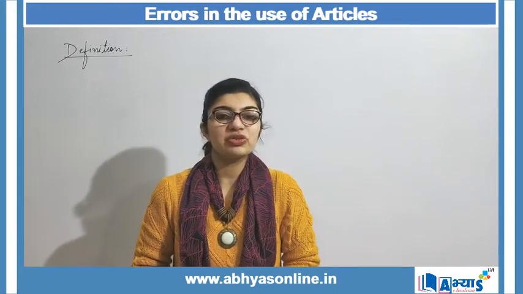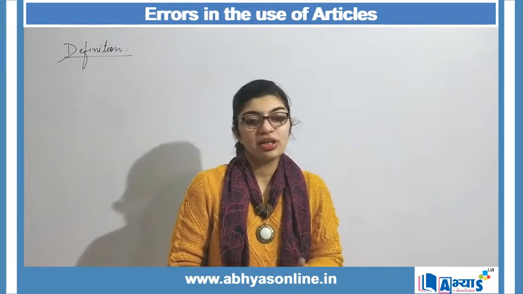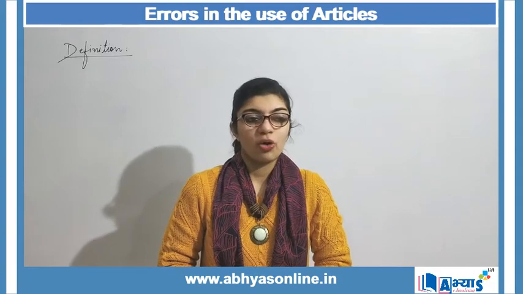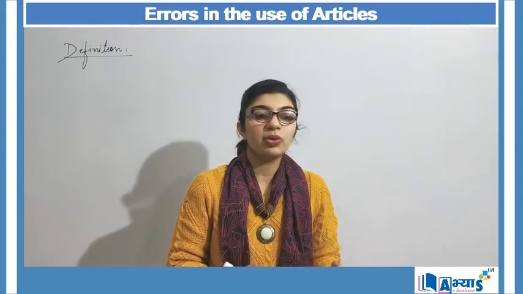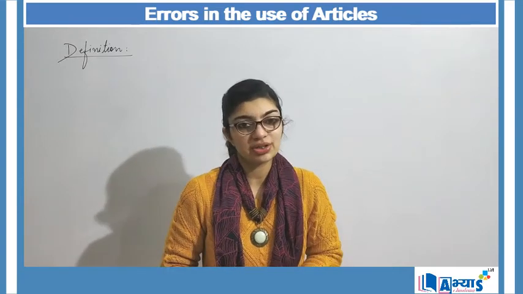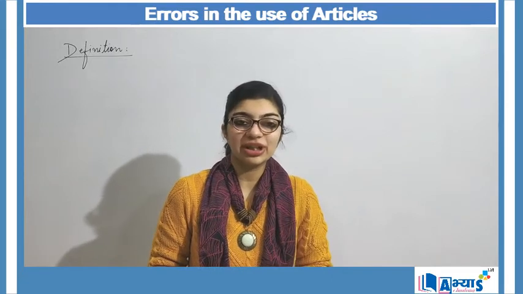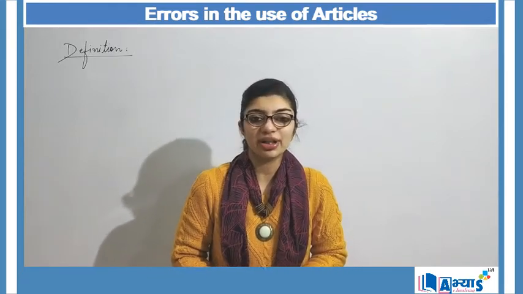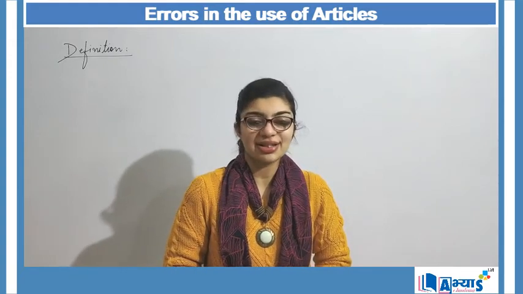Because people usually have the habit of converting Hindi to English, and accordingly they make use of prepositions or words which change when you convert from Hindi to English. But if you're not aware of the rules, people will definitely make mistakes, and it leads to errors in English where grammatically you are not making correct sentences.